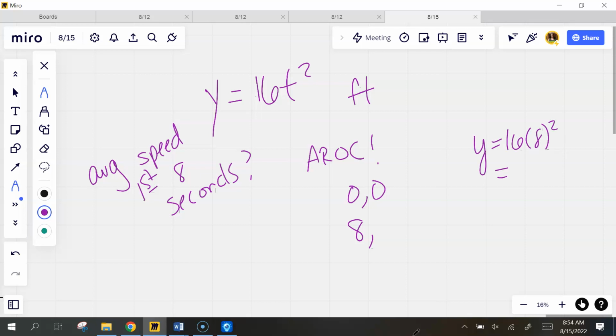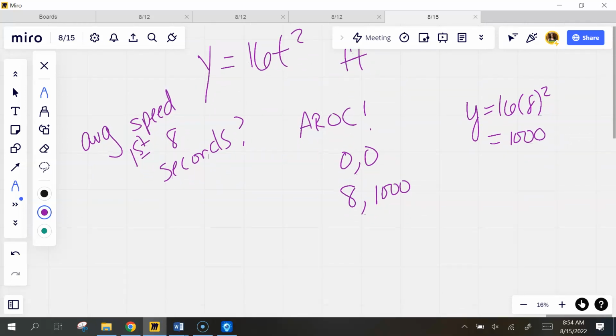What's the speed? 1,000? So the average rate of change is going to be the slope between those 2 points. Oh, thank you. Remember that, A-Rock?